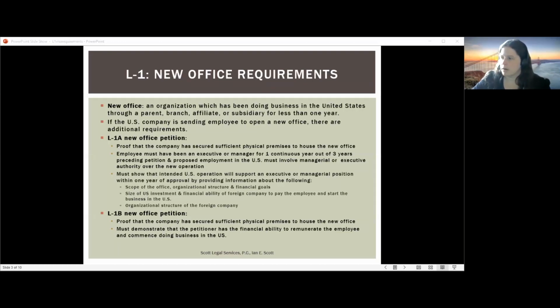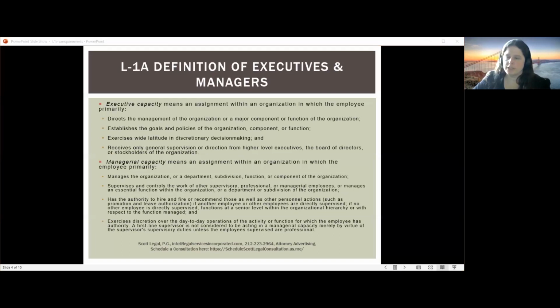So let's talk about the L1A definition of executives and managers. As you can see here, executive capacity and managerial capacity are defined very specifically.